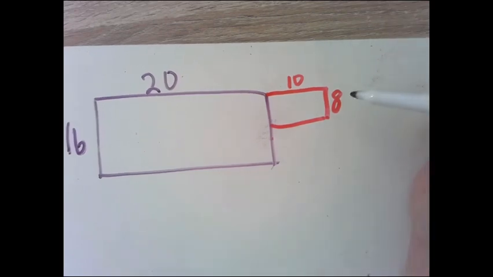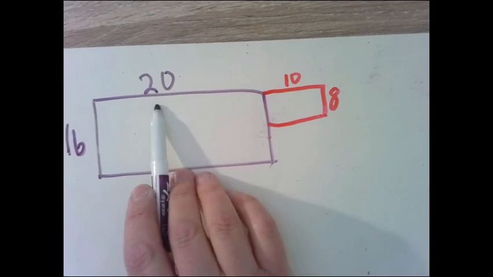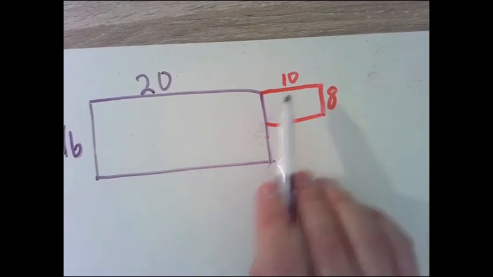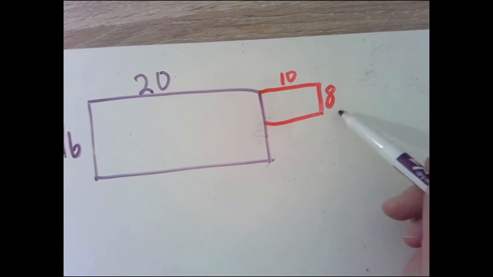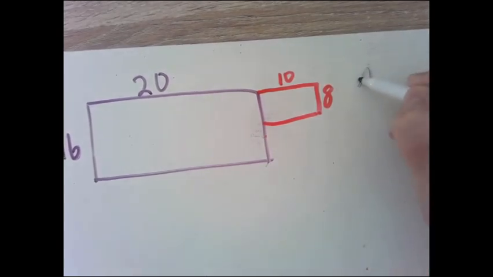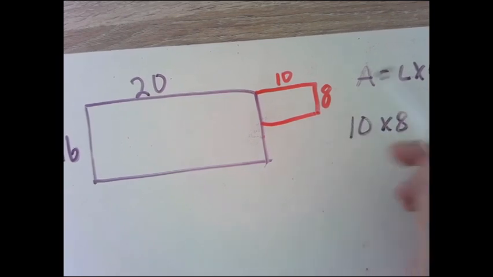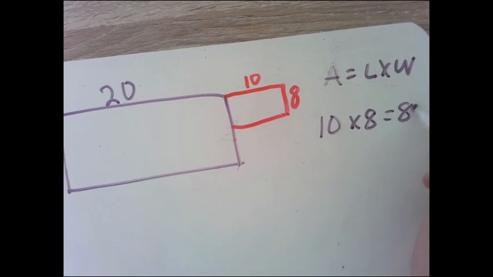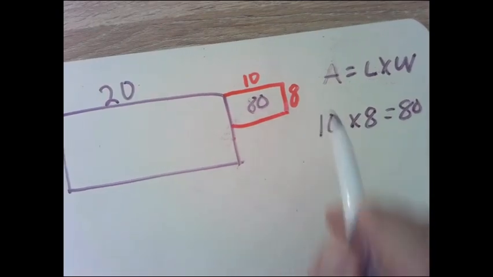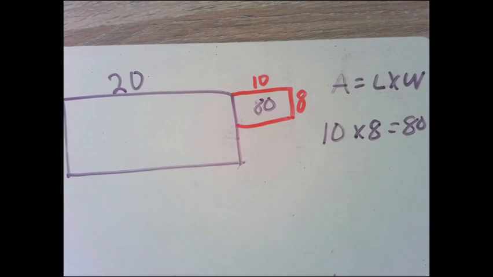That was half the length and half the width. So half of 20 is 10. Half of 16 is 8. Now area equals length times width. So all you have to do is go 10 times 8 to find the area. That equals 80. So the area of the side patio is 80.